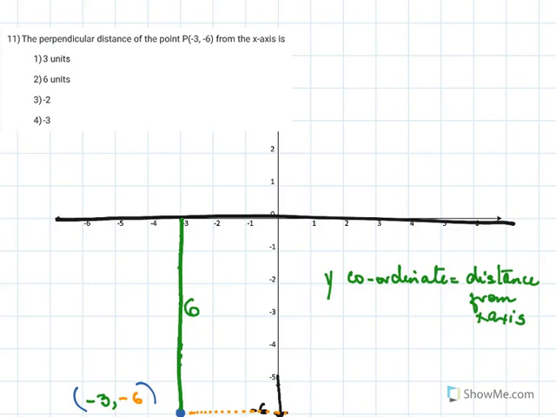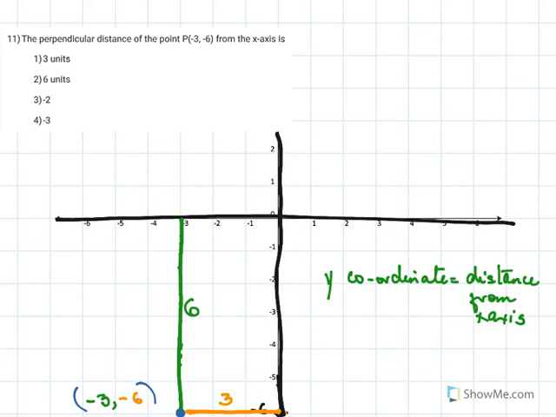And what would be its distance from the y-axis? Now where is the y-axis? This is the y-axis. And the distance from the y-axis is given by this line. And you know that this line is equal to 3 units. It is not minus because this is distance. Distance is never negative.